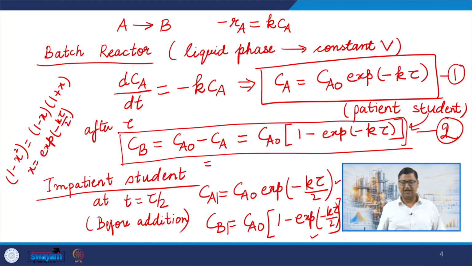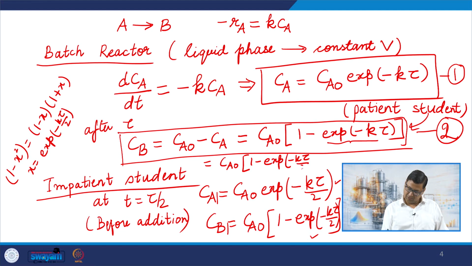If I square it, I will get exponential of minus k tau right here. So, this becomes Ca naught into 1 minus exponential of minus k tau by 2 into 1 plus exponential of minus k tau by 2.